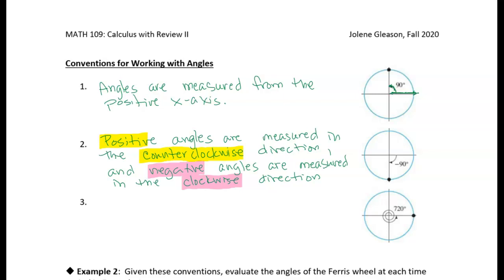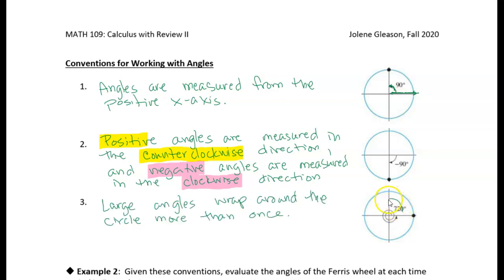Also, large angles wrap around the circle more than once. So you can see, here we're at 90, here we're at 180, here we're at 270, here we're at 360, but we can keep going, right? If I go another 90 degrees, 360 plus 90, that'd be 450.